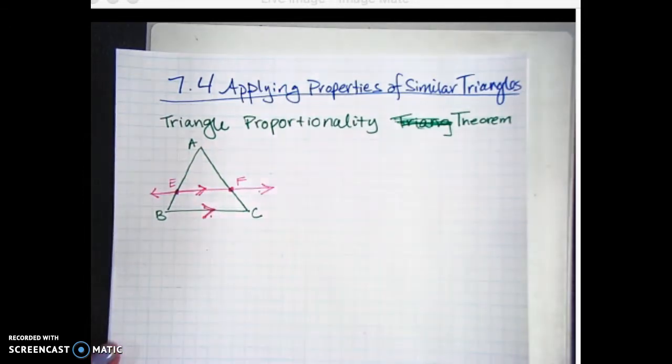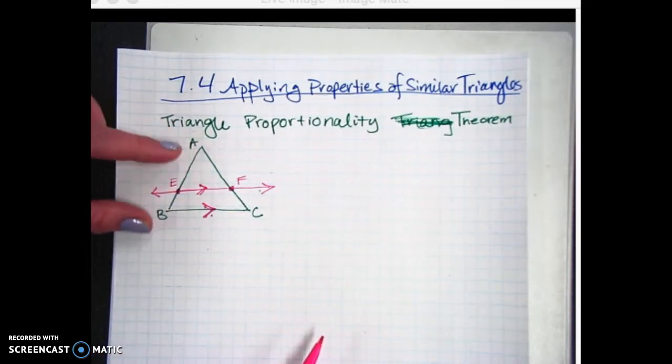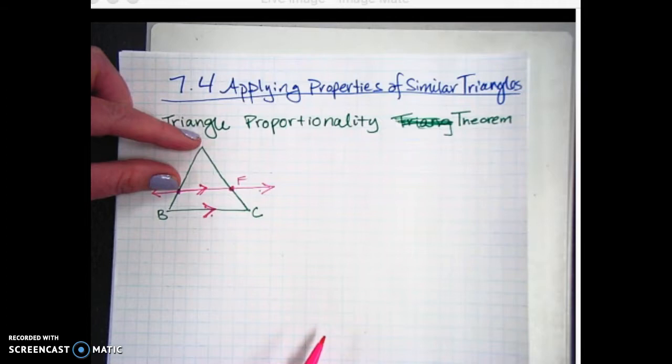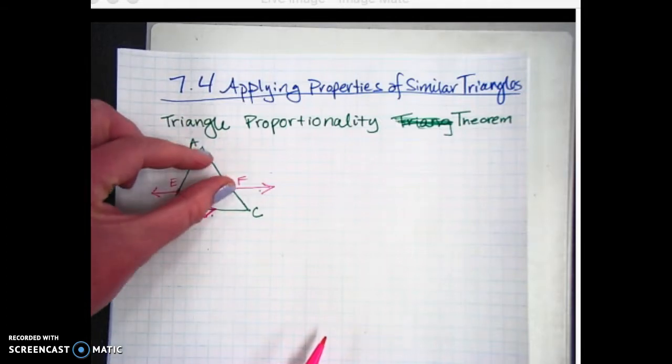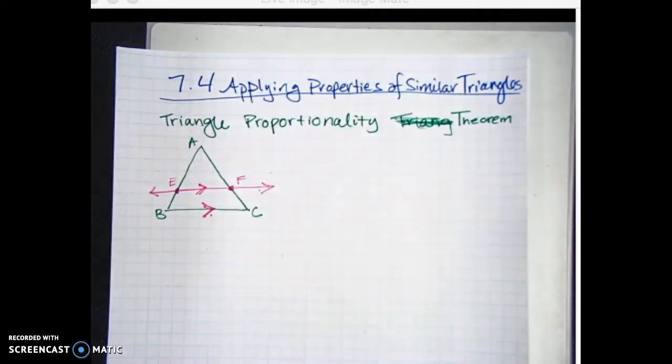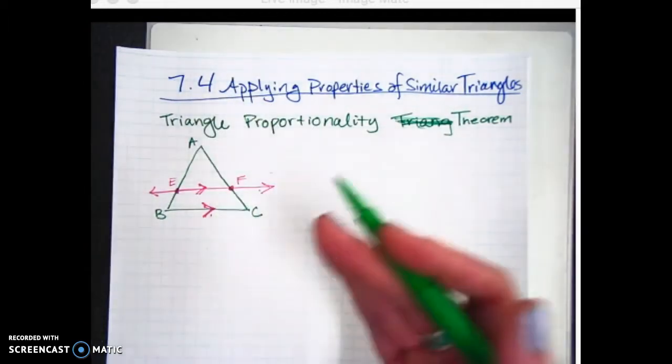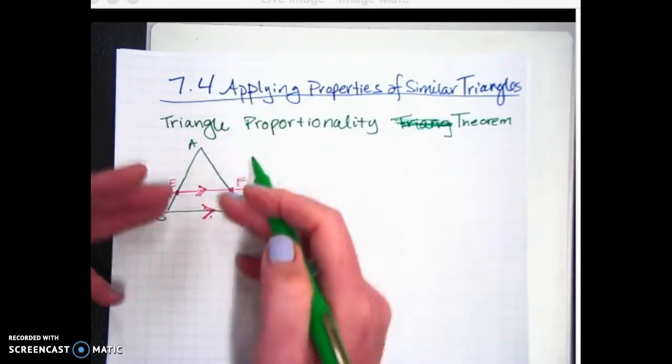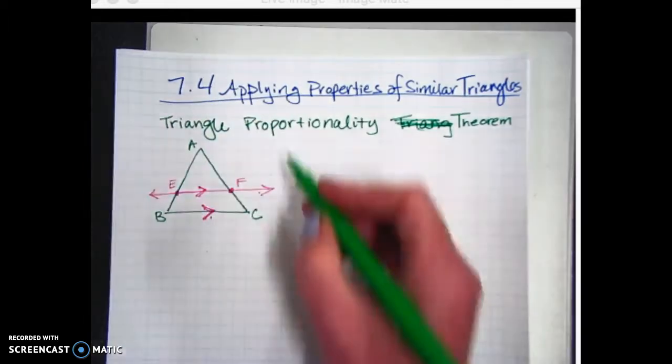Okay. It cuts the two sides of the triangle into a top piece and a bottom piece, a top piece and a bottom piece. And so if you have this triangle cut, it creates a proportion.